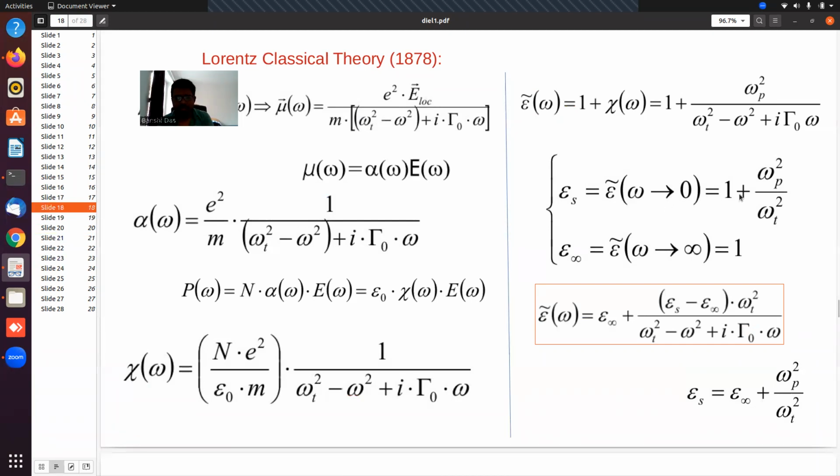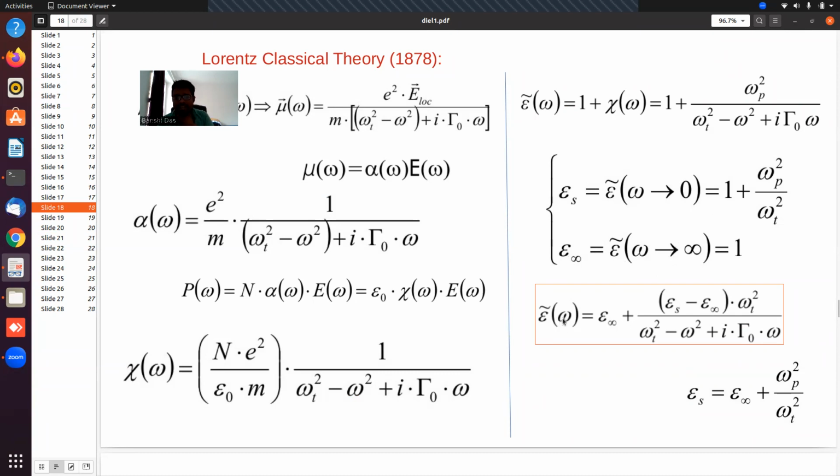If omega tends to 0, it is the static dielectric constant, and if omega tends to infinity, it is the very high frequency dielectric constant, epsilon infinity.